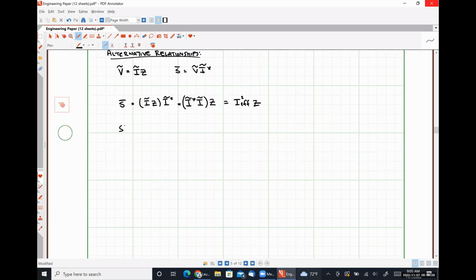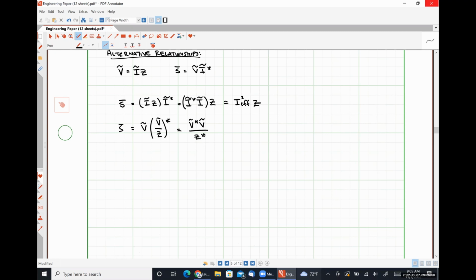Similarly, I could say that I'm going to have V multiplied by V over Z conjugate, just using Ohm's law, which is going to look like V conjugate times V over Z conjugate.